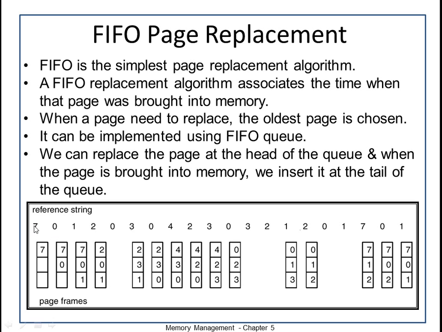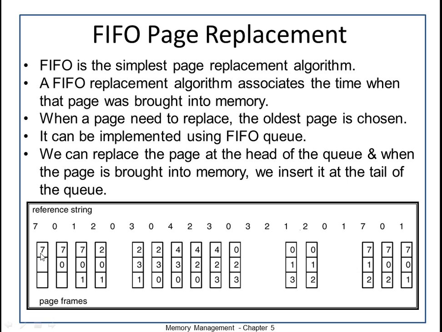This is the reference string of the page numbers which are required for the execution. The pages will be required in this sequence for the execution. Means first page number 7 is required. After that 0, after that 1, 2, 0, 3, 0, 4. In this way the pages will be required for the execution.